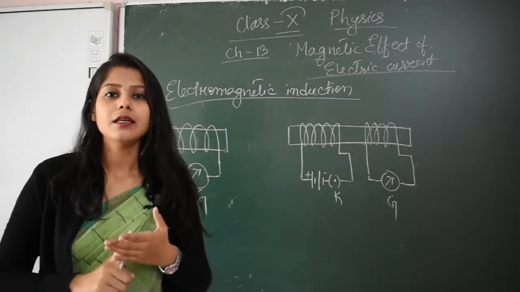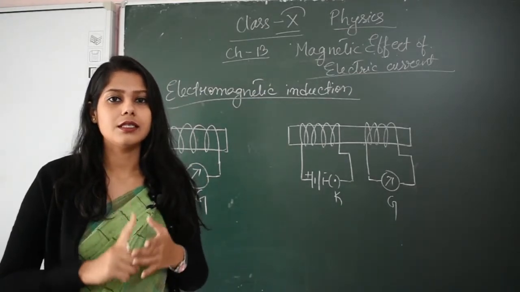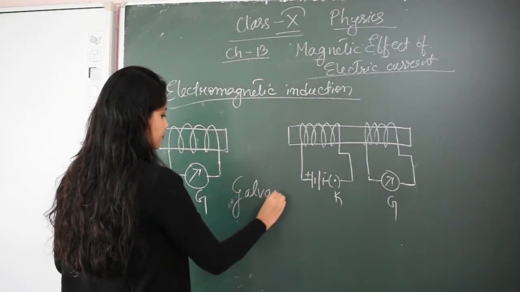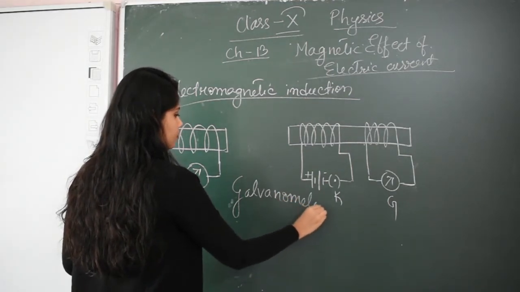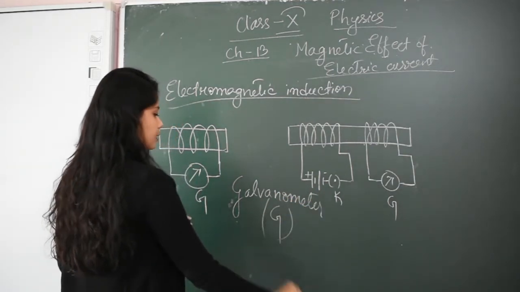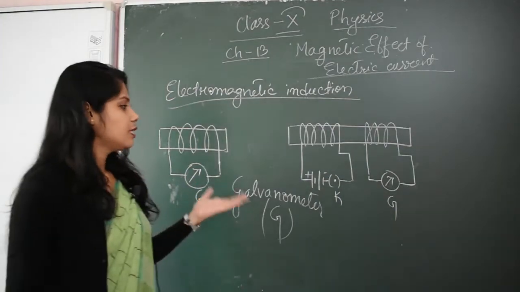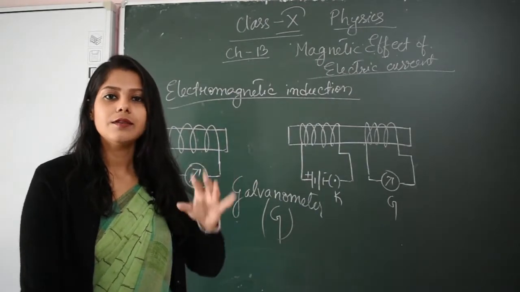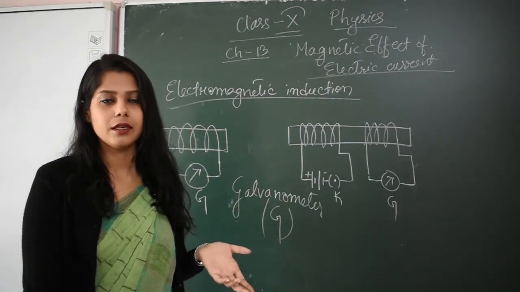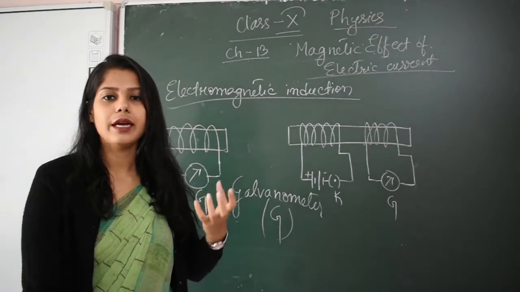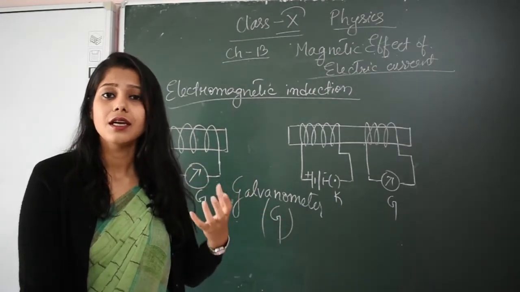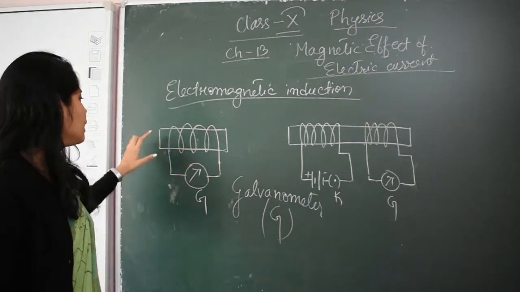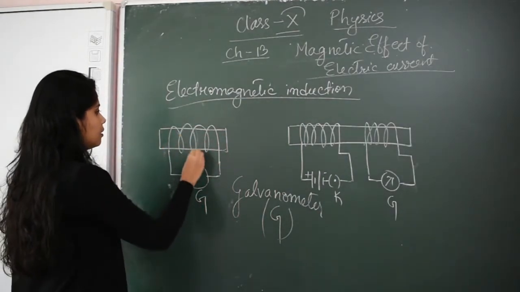And to detect whether the current is there or not, we have an instrument called a galvanometer, which is denoted by the capital letter G. So to detect the current, as we already said, we will be getting an electric current if the conductor is placed inside the magnetic field. For getting current, we first need to know whether the magnetic field is giving the conductor some electric current or not. So to determine that, I am taking a coil, this coil.